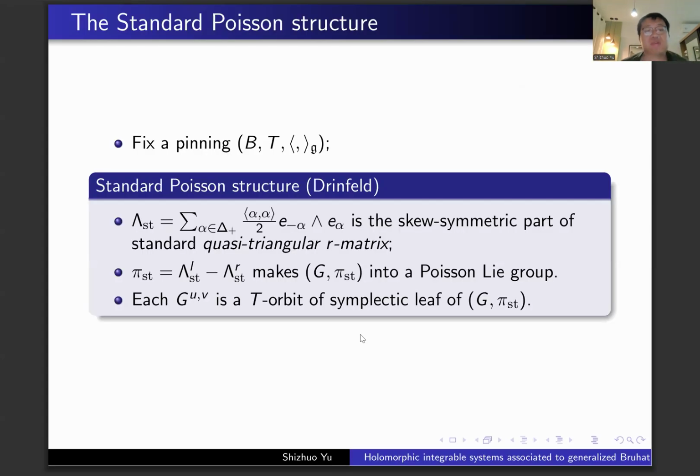Now we will introduce the Poisson structures we need. First, we should fix a choice of the root system.